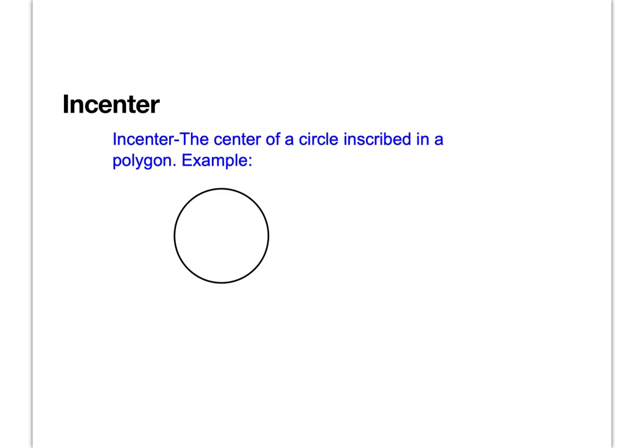The next point of concurrency is called the incenter, the center of the circle inscribed in a polygon. So if you look at this, the circle is inscribed in that polygon, and I is the incenter.